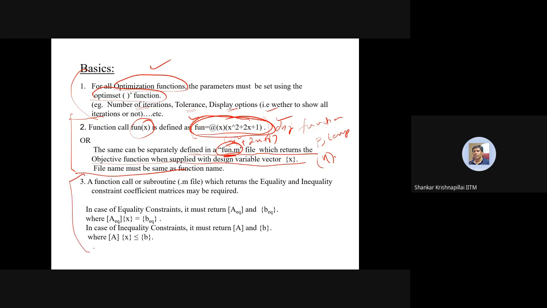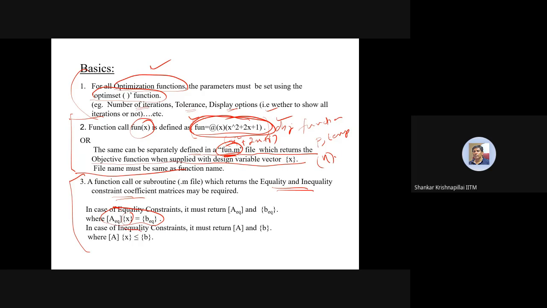Then third, you have to define the equality and inequality constraint coefficient matrices. For example, equality constraints are written like this: A equality times X is equal to the right side, B equality.